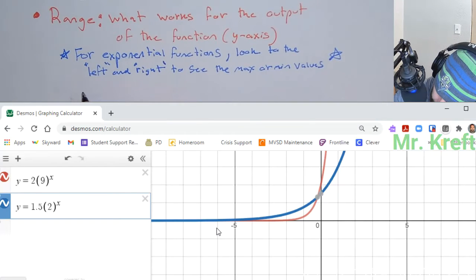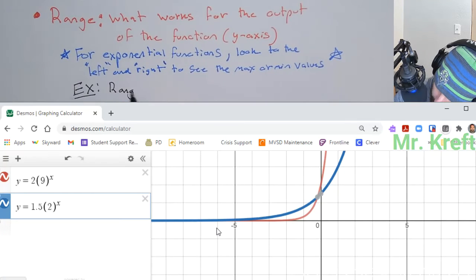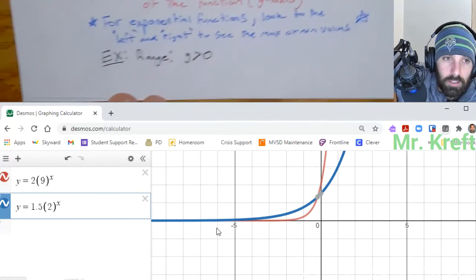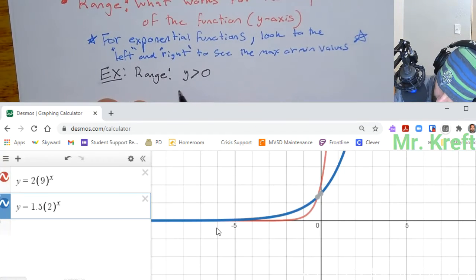So in both of these, our range is, we would say, y is greater than 0. And I'm going to write that underneath. I'm going to write what it says in English. So this is y is greater than 0.